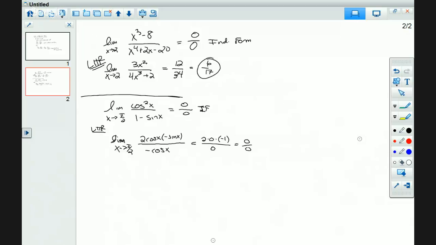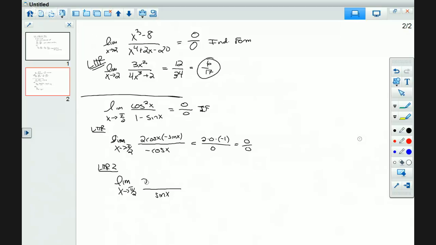So what does that mean? Do it again. Product rule, yes?